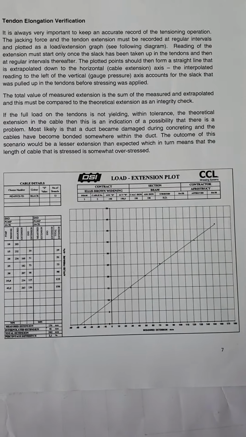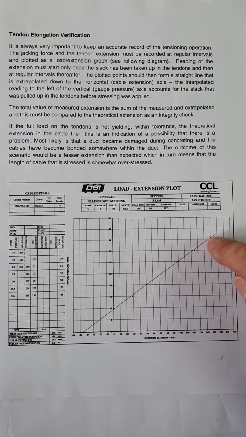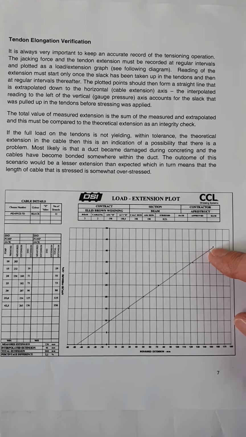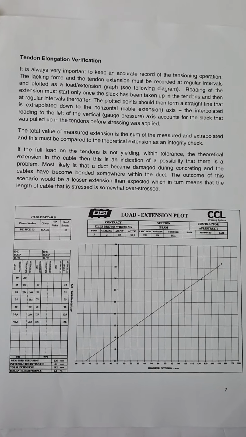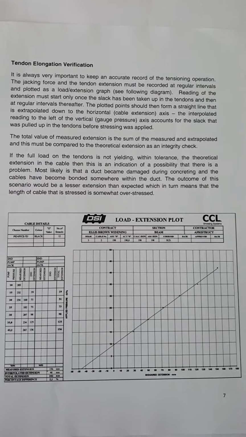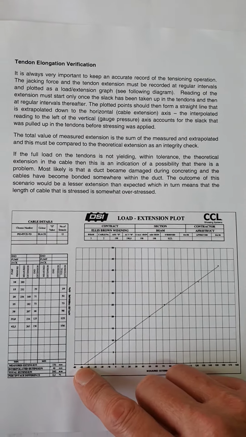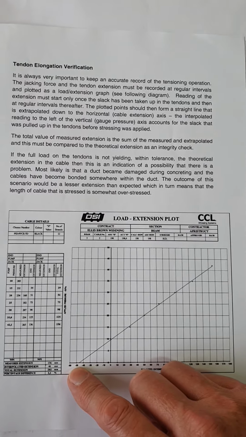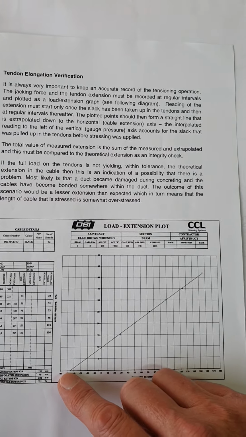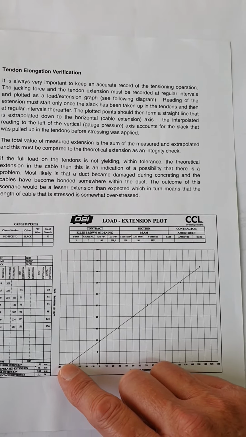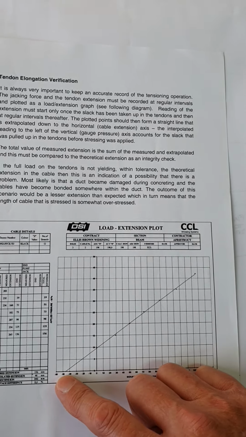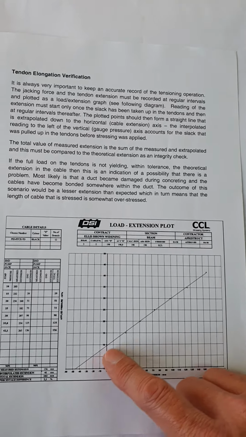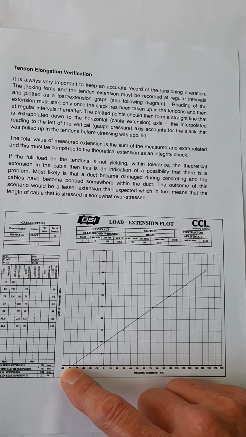The plotted points on this graph right up to the full pressure in the jack, implying that your full force in the cable had been applied, should make up a nice straight line that is extrapolated all the way down to the horizontal axis over here, and the interpolated reading to the left of the vertical, the gauge pressure axis, accounts for the slack that was pulled up in the tendons before the stressing was applied.